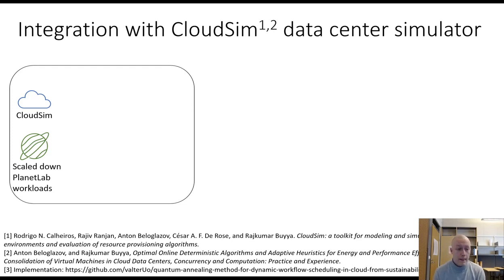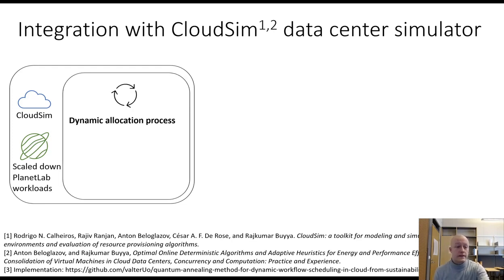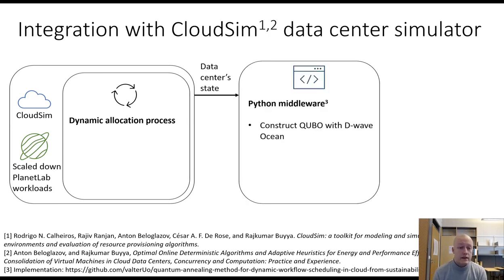So this integration works so that we start this dynamic allocation process, and initially we just get the data center's state. We get the information about the tasks, virtual machines and physical machines that are available. Then we have written a Python middleware program, which constructs the QUBO using these constraints and binary variables as described previously.